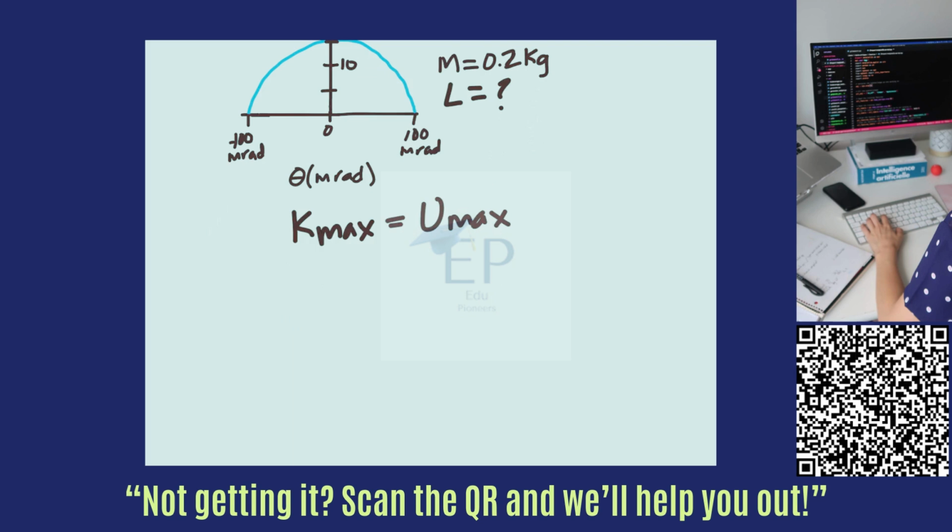Now, we can use the equation that potential energy equals the mass times gravity times the length of the bob times 1 minus cosine of theta, because at any given point we can use that equation to figure out what the potential energy is.